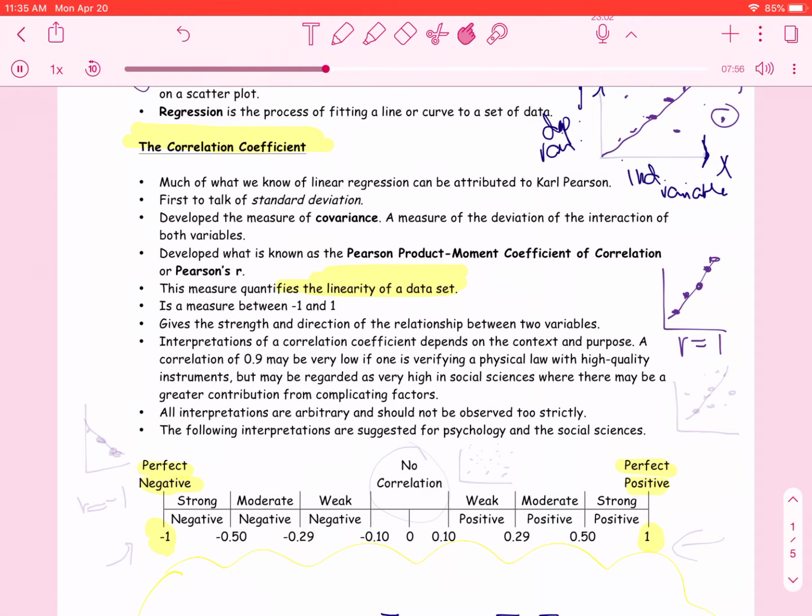So this is a perfect positive correlation, or we would have called it back in the day, grade 9, a positive correlation, right? The strength would be very strong. There's also moderate, there's also weak, and that goes for the negative ones as well.